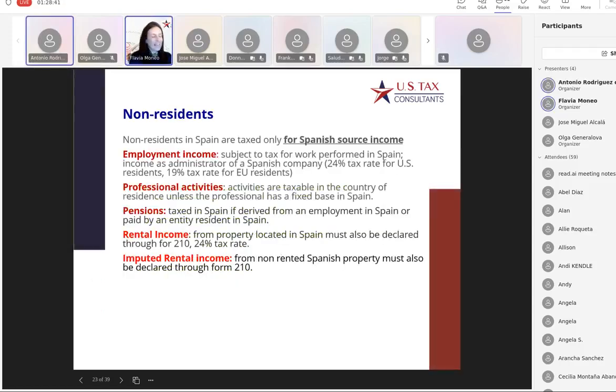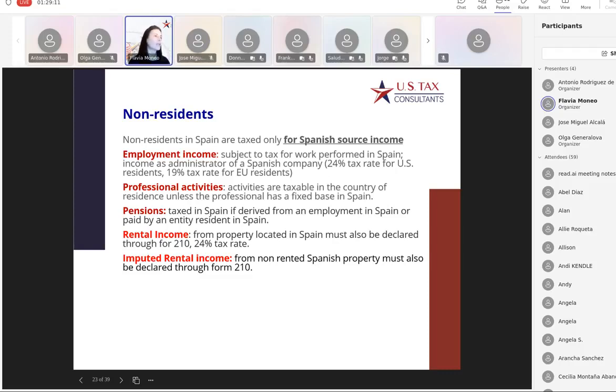Okay, so as I was saying, first we are going to talk about non-residents in Spain. You are considered non-resident here if you are living here less than 6 months during a year. So if you have a Spanish source of income, you are going to need to file the Modelo 210, declaring just your Spanish source of income.